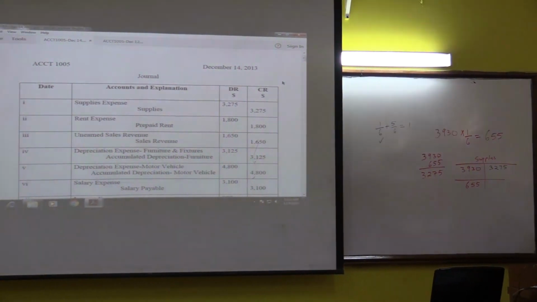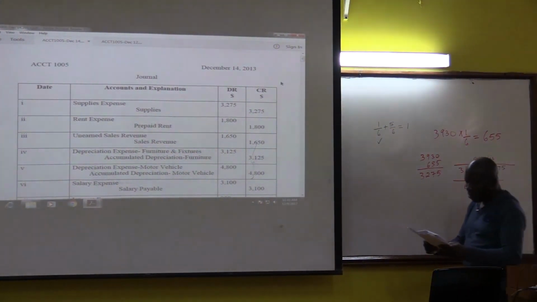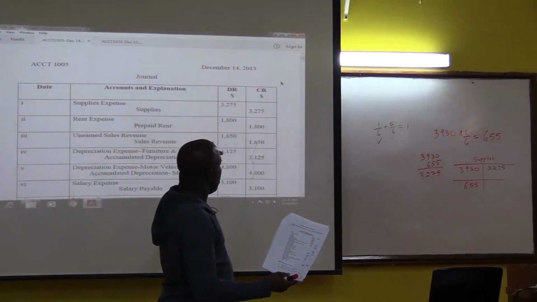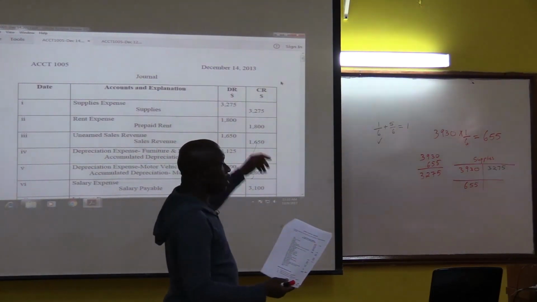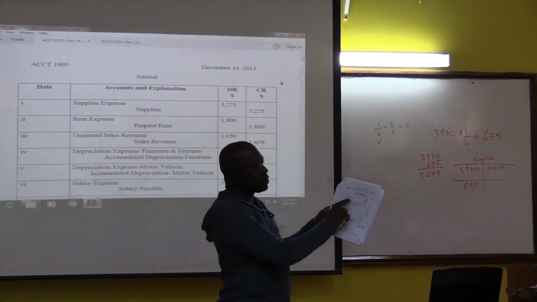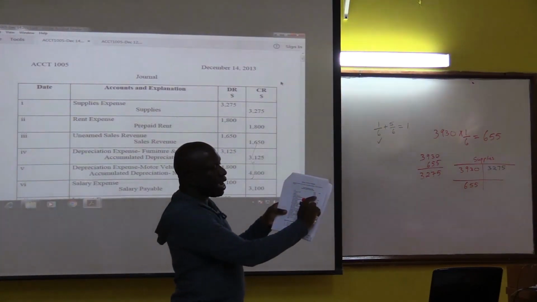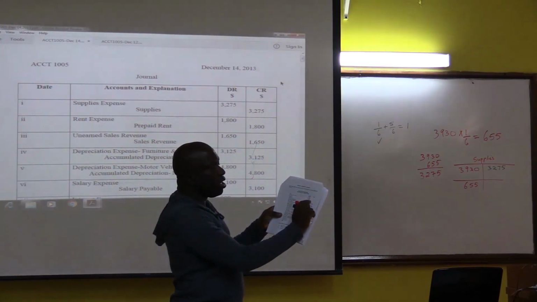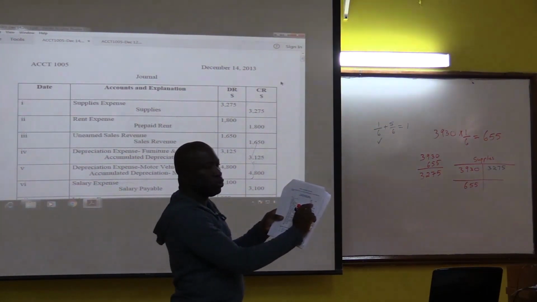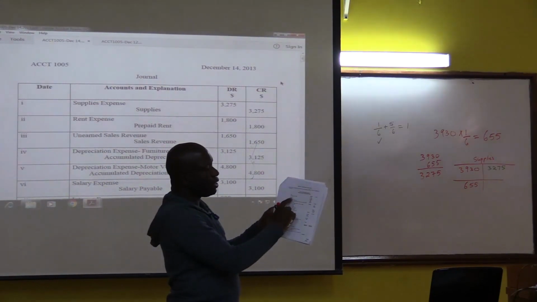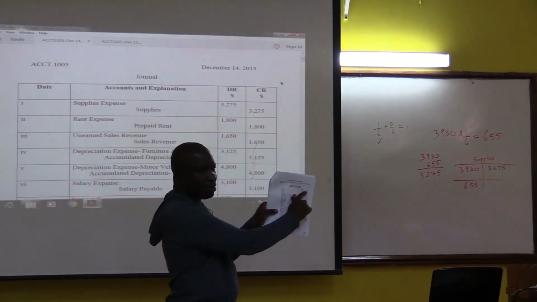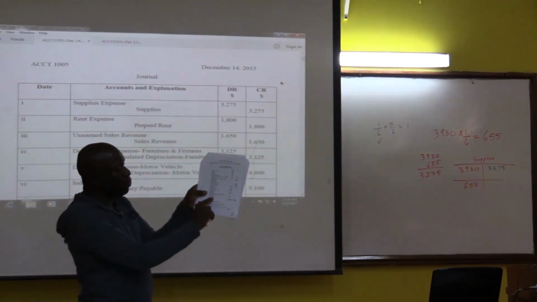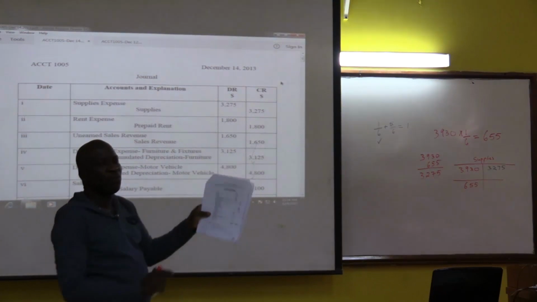So on the question paper, if I was in the exam, on the trial balance, when I'm making my adjustments quickly, before I start to do my journal, I look for supplies. After I do my calculation, I'm going to minus the difference, which is 3,275, from the supplies in my trial balance, and then look for supplies expense down here and put 3,275.